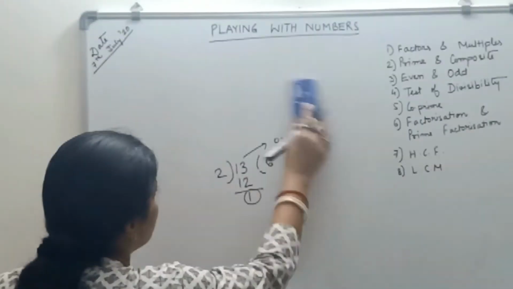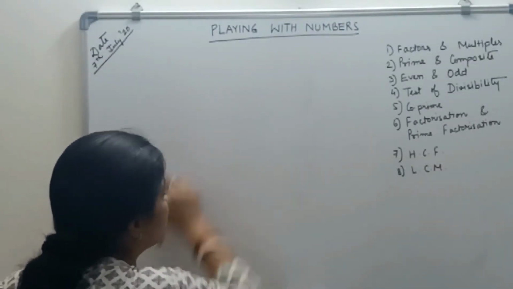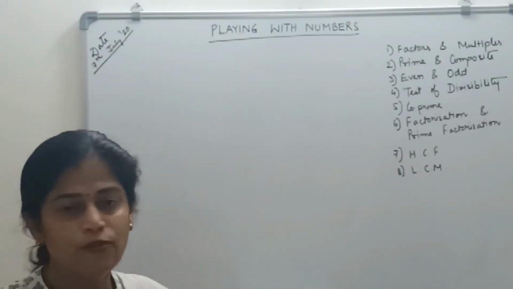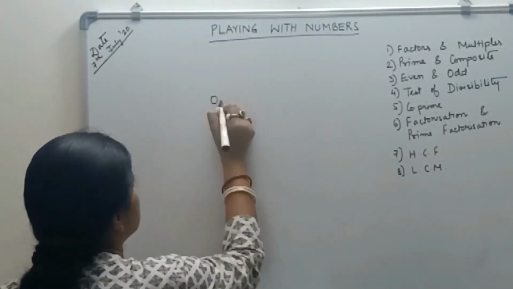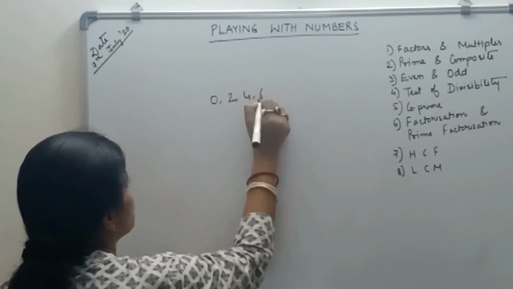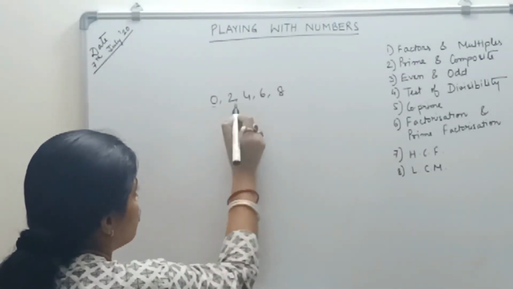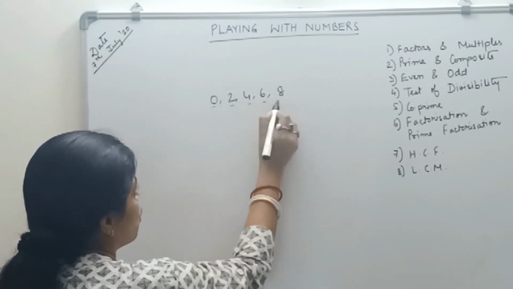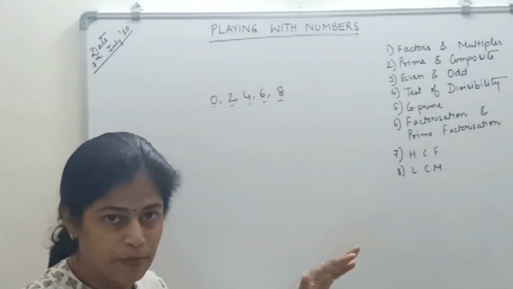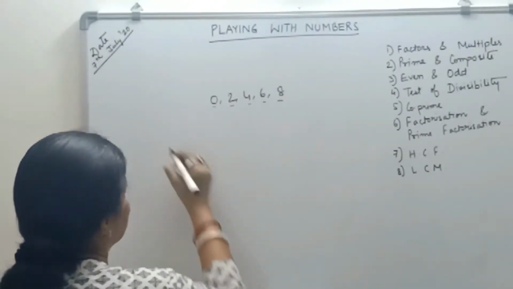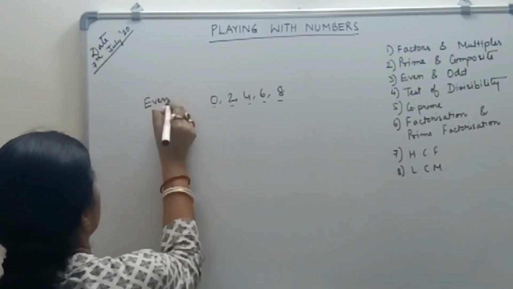And one more way you can say just by seeing: if the last digit of a number is 0, 2, 4, 6 or 8, then it is an even number.